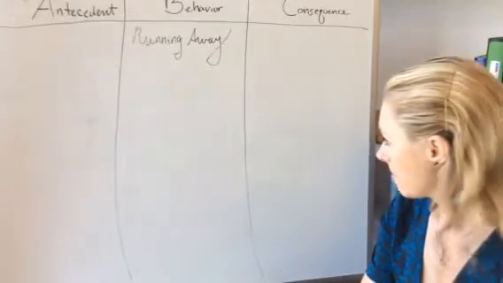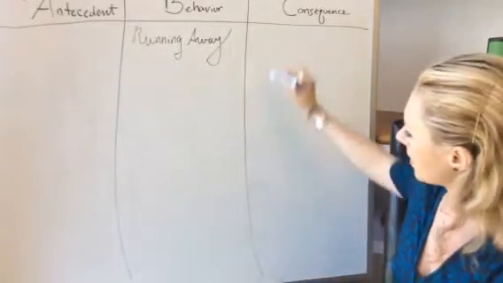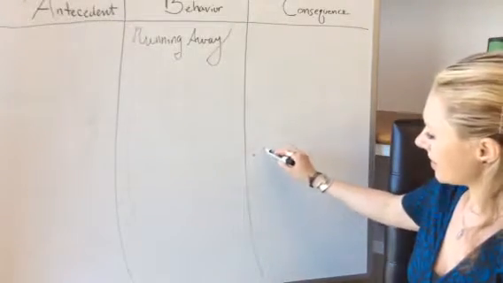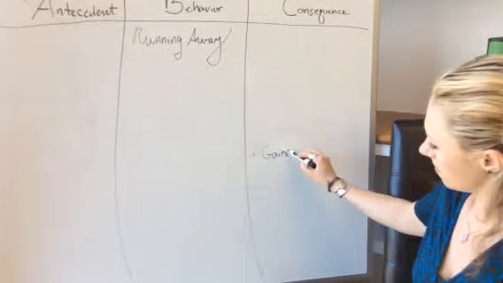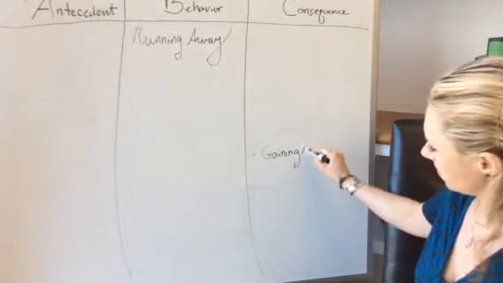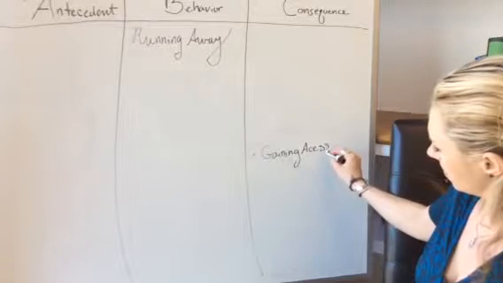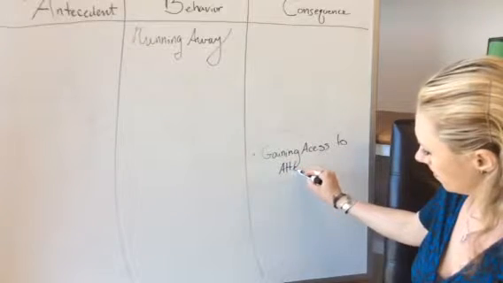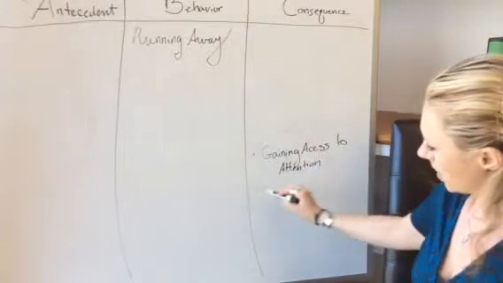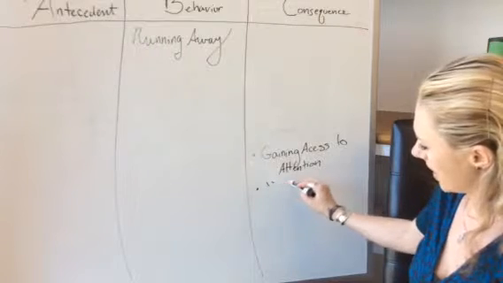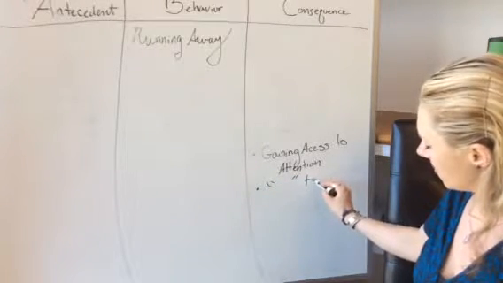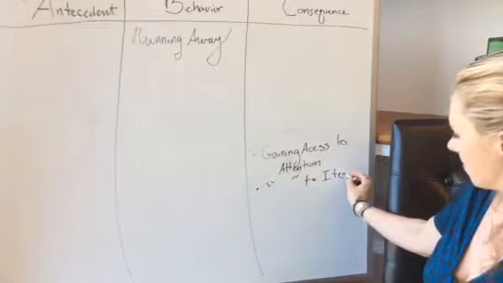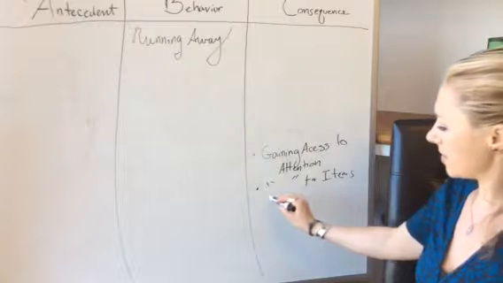And those are typically, I'll write them down here. We've got gaining access to attention, and then we have the same thing, gaining access, but this time it's to items or activities.